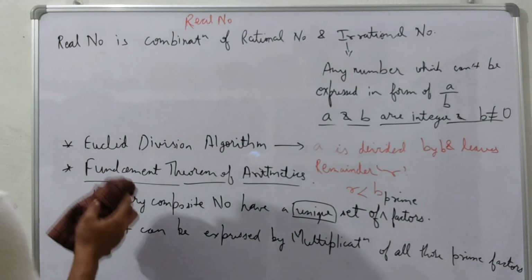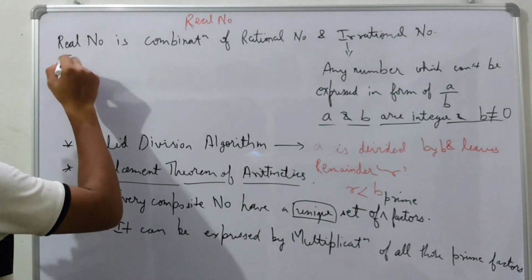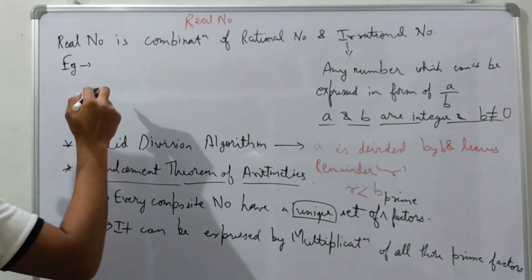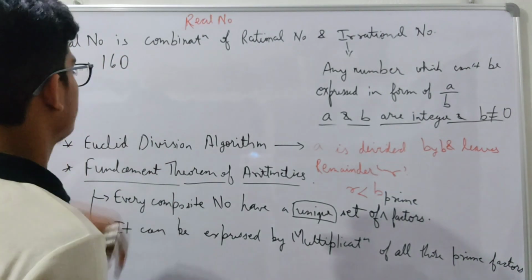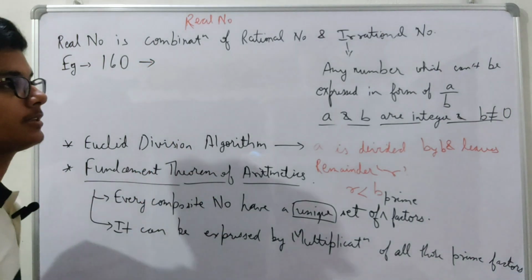Suppose, for example, there is a number 160. How can we factorize it?